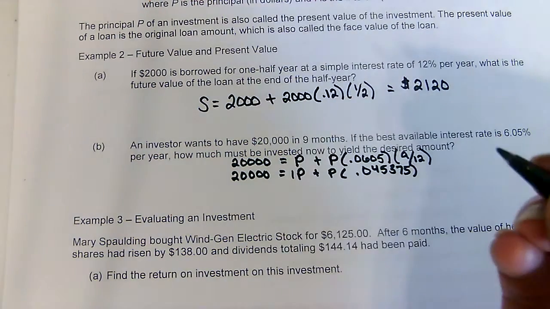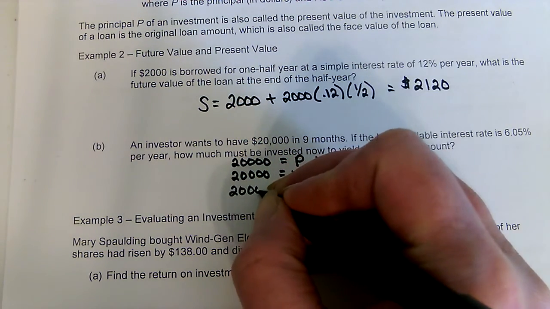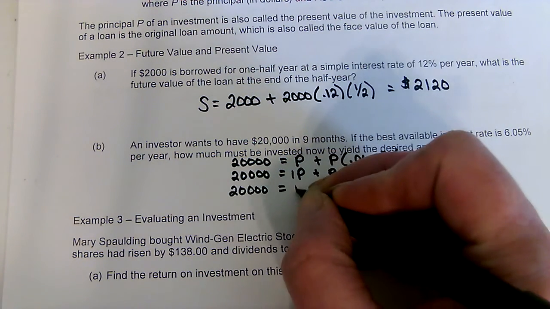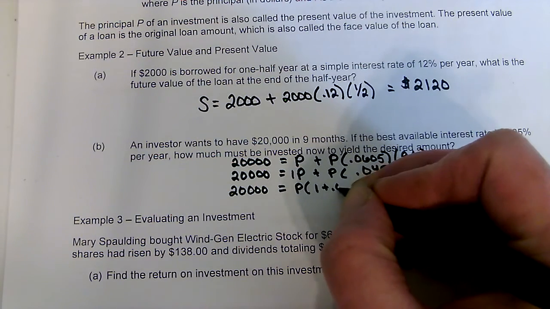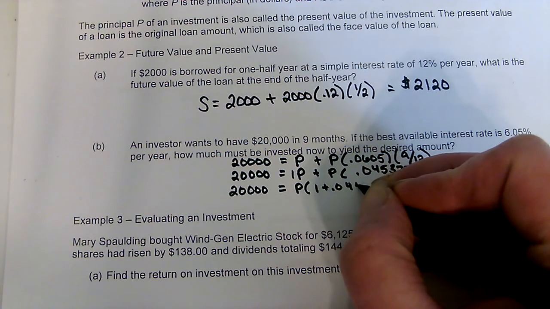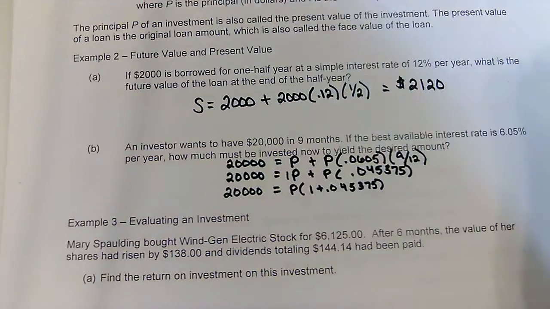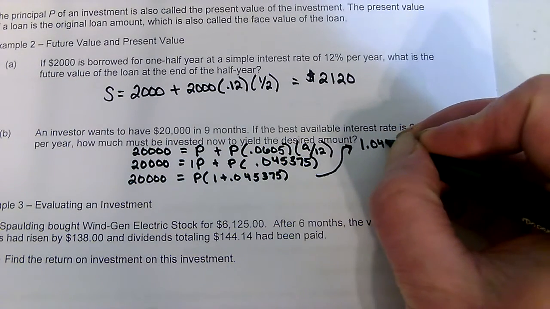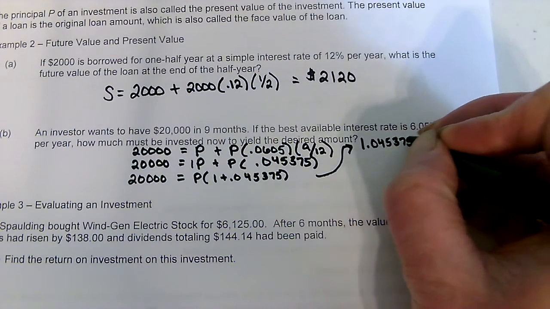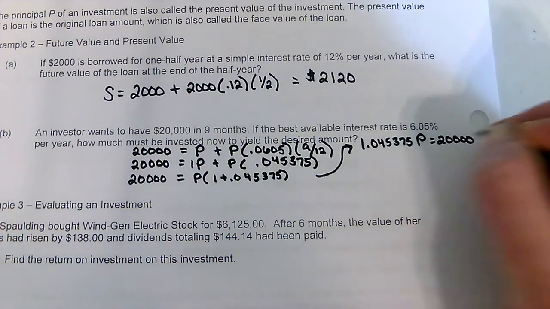This is like having 1 times P. If I factor that out, I'm going to have P times (1 plus 0.045375). In other words, this will be 1.045375 times the principal equals 20,000.